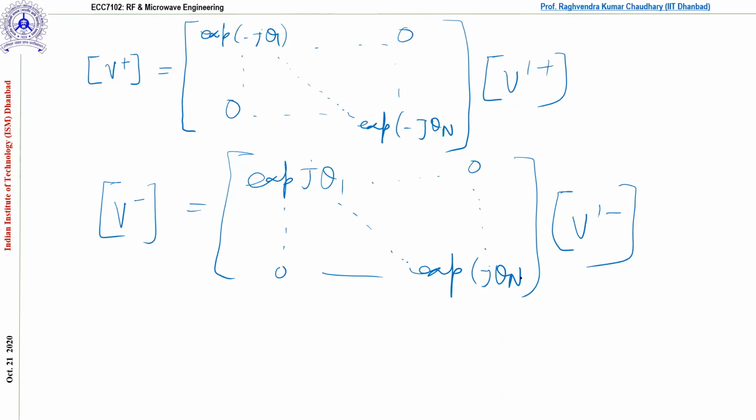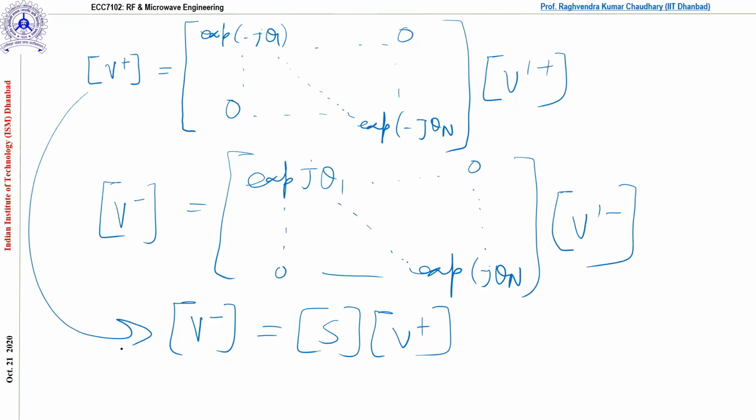Fine. Now what we can do from the equation, we already have that V minus is equal to S V plus, correct? We have this thing. Now let us utilize V minus here and V plus here. Now rewrite these things.